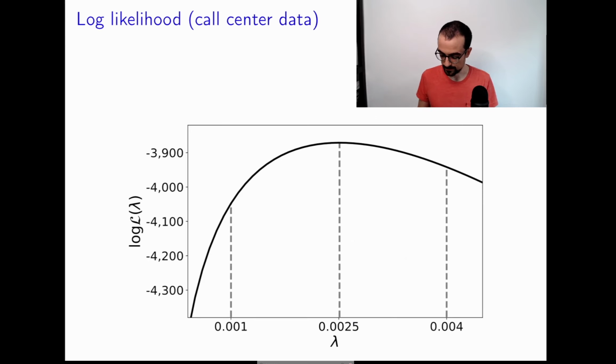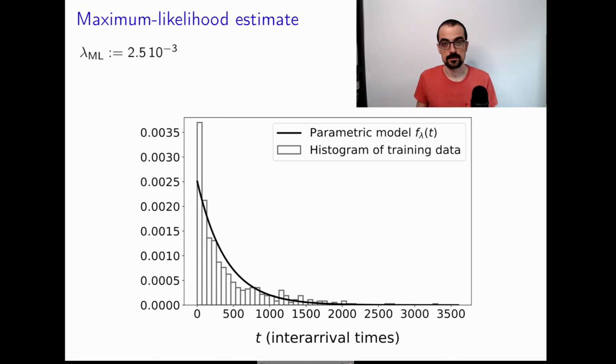So this is the value of the parameter in this case, the maximum, which again is obtained in a very simple way. Just set lambda to 1 over the average. And this is the fit that we get. You might be somewhat surprised that the fit here is actually really bad. This is because the data are not well explained by an exponential model at that point.